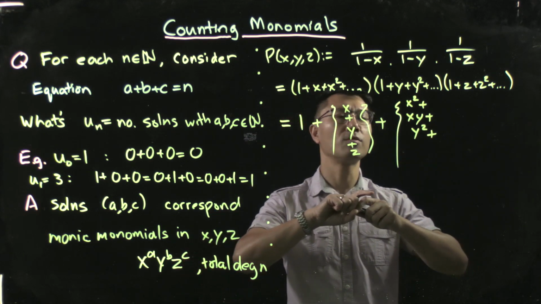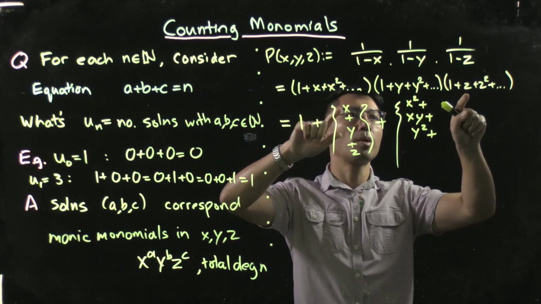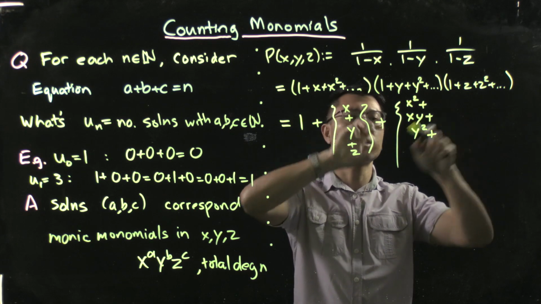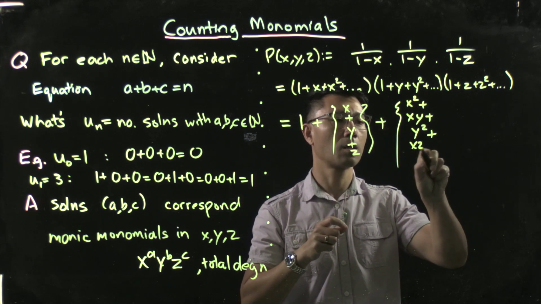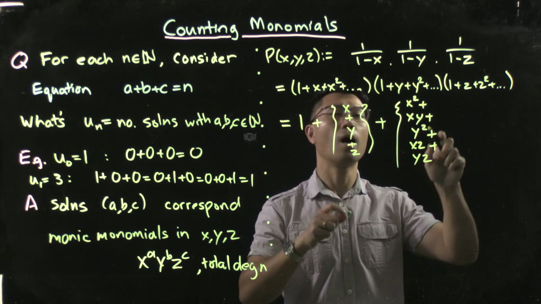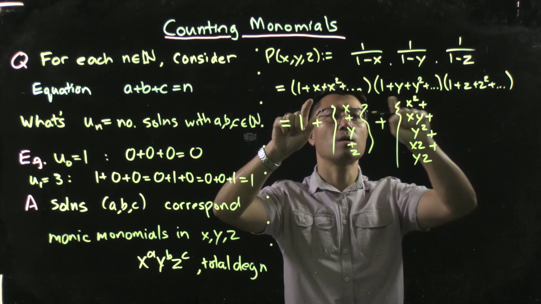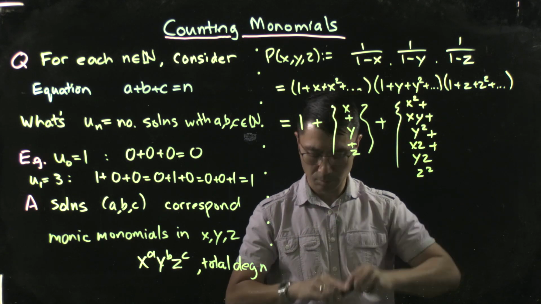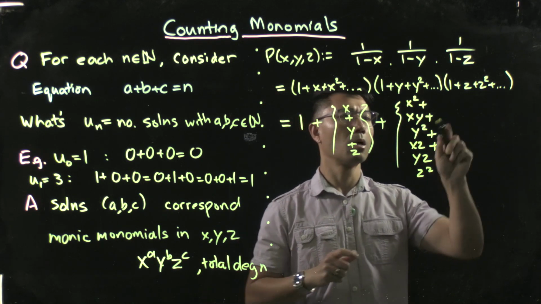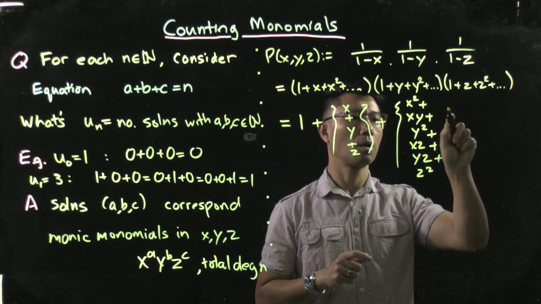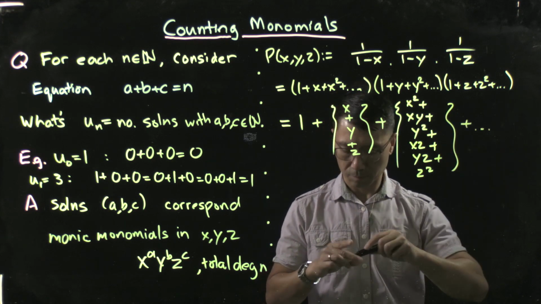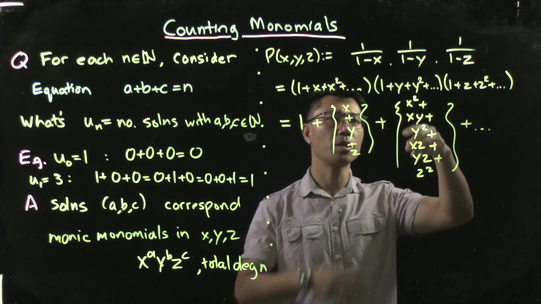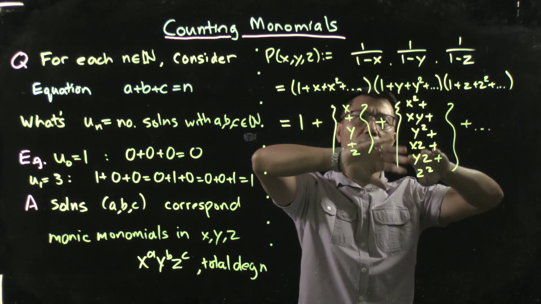But you'll also have terms like, well, now you can multiply x times z, y times z. And then you'll have also z squared times 1 times 1. And if you look and see what's happening here, what have you picked up here?